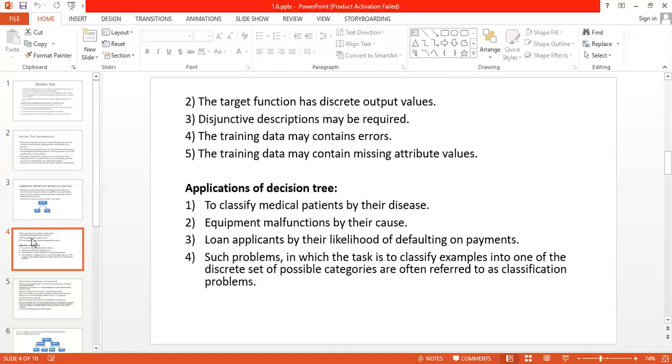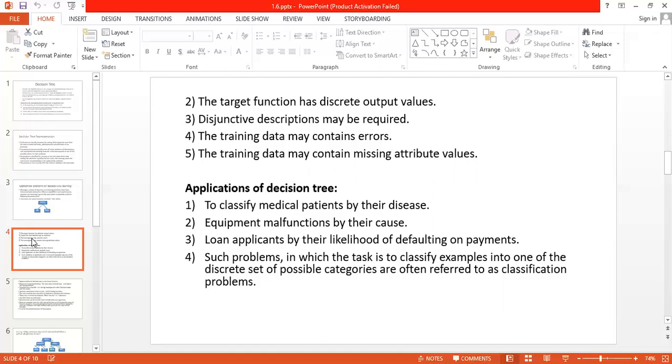Now the applications of decision tree: to classify medical patients by their disease, equipment malfunctions by their cause, loan applicants by their likelihood of defaulting on payments. Problems in which the task is to classify examples into one of a discrete set of possible categories are often referred to as classification problems. There are huge applications of decision tree.